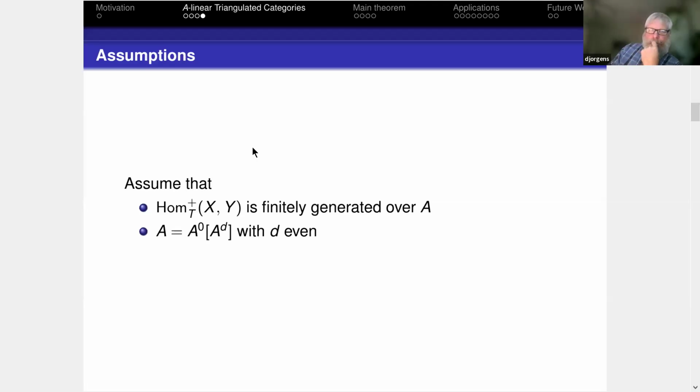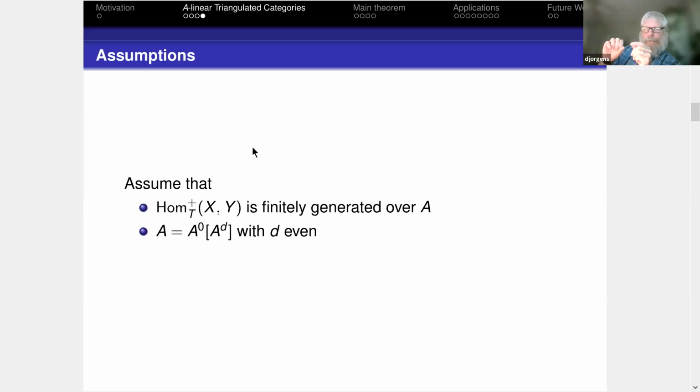Anyway, I want to assume that, so here I write Hom plus instead of Hom star. That means I'm just taking the positive half of the Hom star. So this is for i greater than or equal to 0.